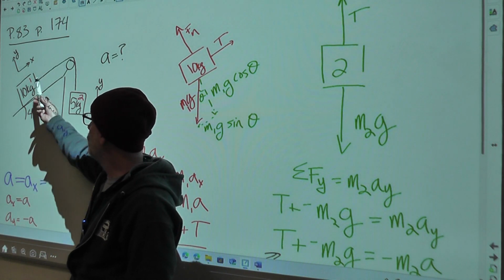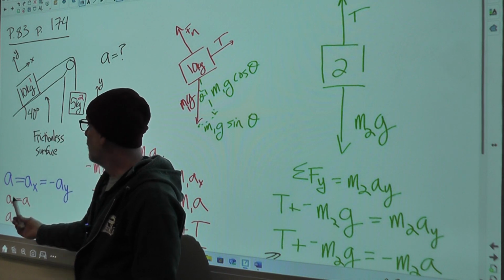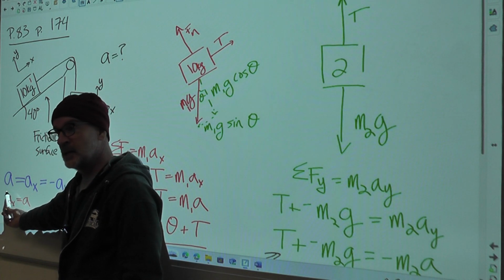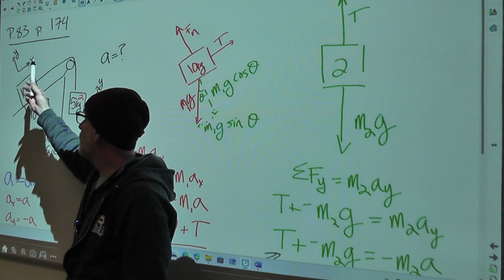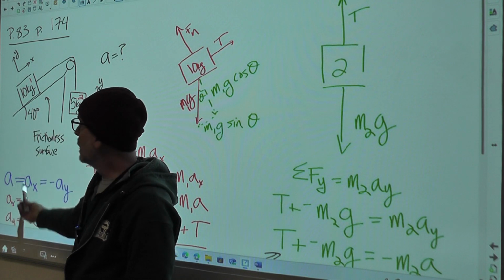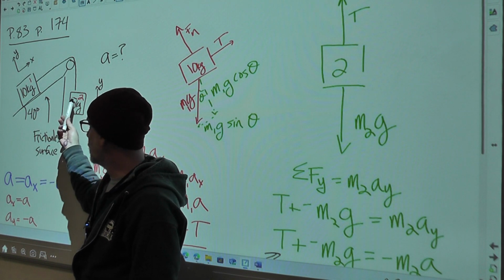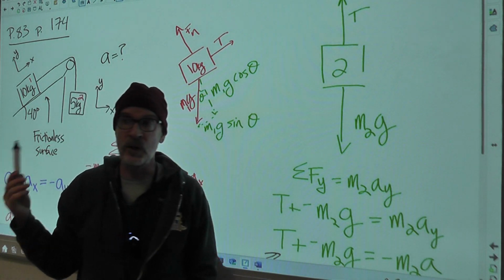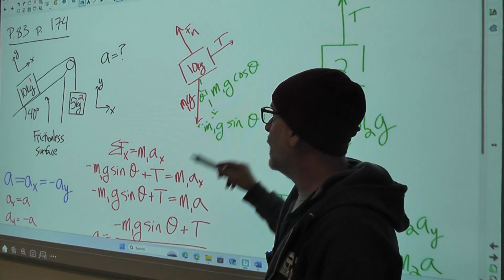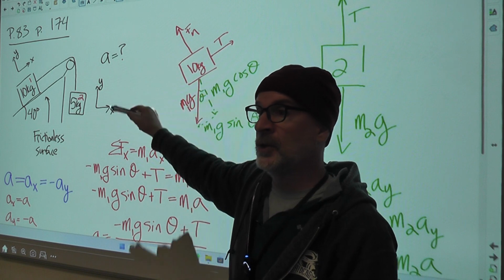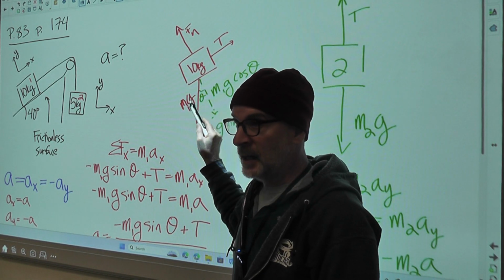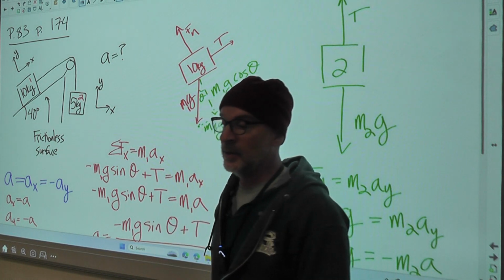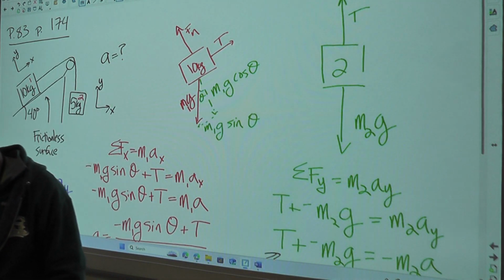If you set your reference frames up the way that I did here, then the magnitude of the acceleration of your system will be equal to the positive acceleration of your cart and the negative acceleration of your hanging mass. So that's going to be useful too. And then the only other piece you're going to need to take into consideration is a force of friction. That's not in this problem, but it is in the accelerating carts lab. Okay? All right.